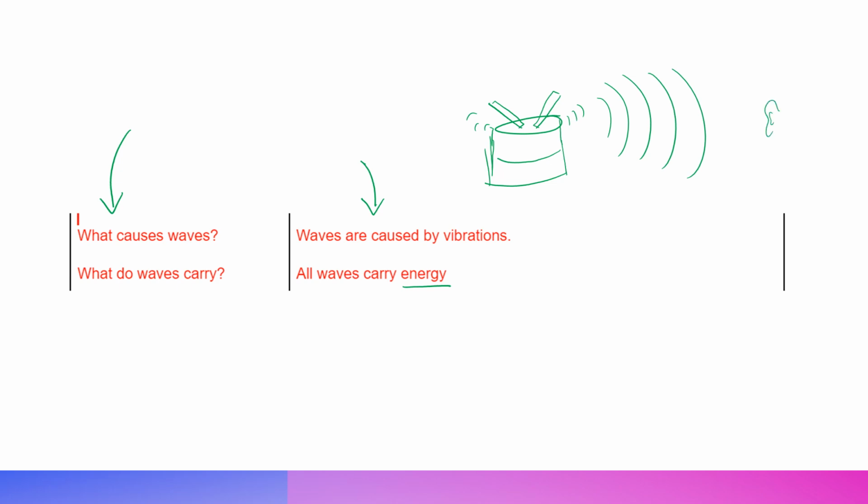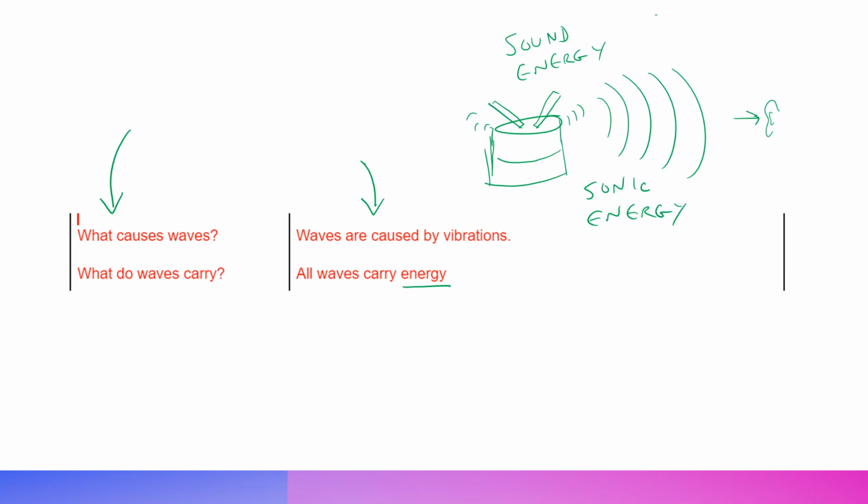And then when it goes into someone's ear, they're going to be able to hear that sound. And the idea here is that this energy is called sound energy or sonic energy. This energy is traveling through the air to someone's ear so they can hear the sound.